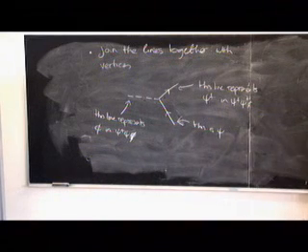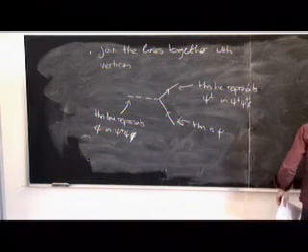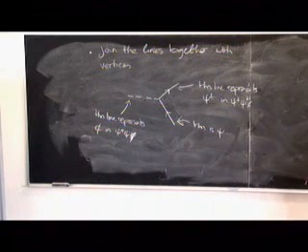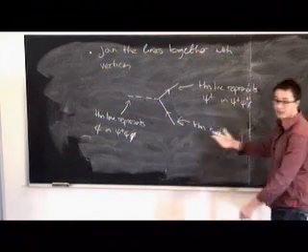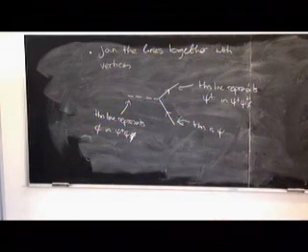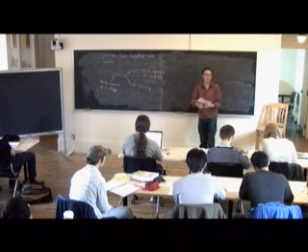So let me just give you some examples. These are the rules for drawing the picture, and now I'm going to give you the rules for associating to each picture a mathematical formula.